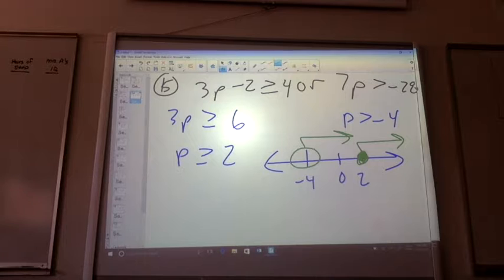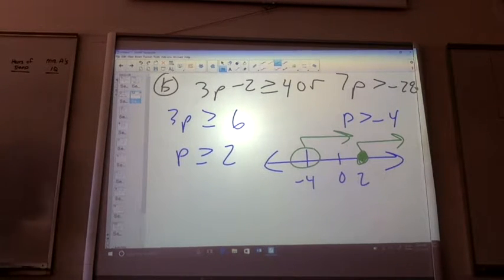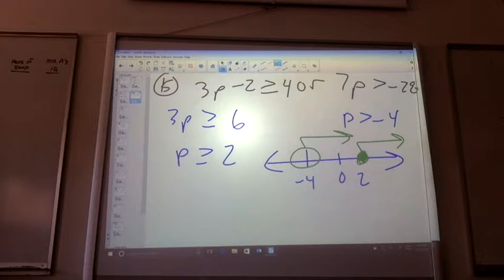Okay, this is an or problem. How many of them have to be true? Only one of them. So let me ask you this. If I were to pick this 0, which is in between, if I plug 0 in here, I get 3 times 0, which is 0. Is -2 greater than or equal to 4?